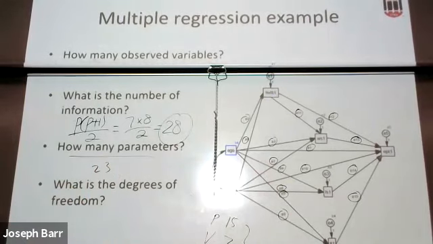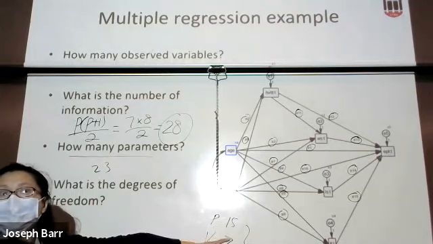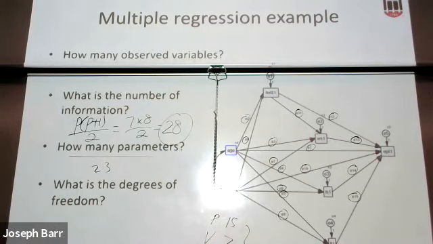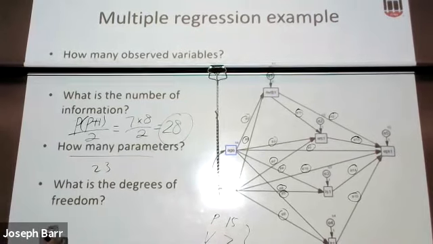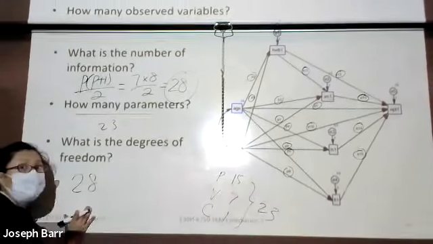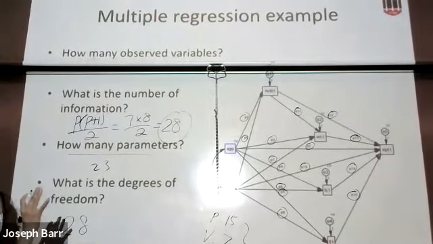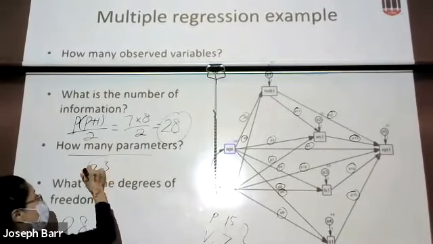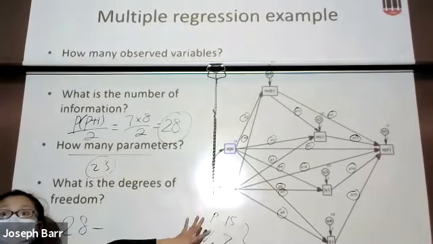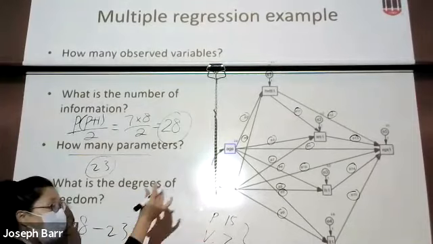So how many parameters? 23. Now let me ask you, what is the degrees of freedom for this model? 28 minus 23. Exactly. So we have 28 number of information. At most, I can estimate 28 parameters. Now I'm going to estimate the 23 parameters in this model.